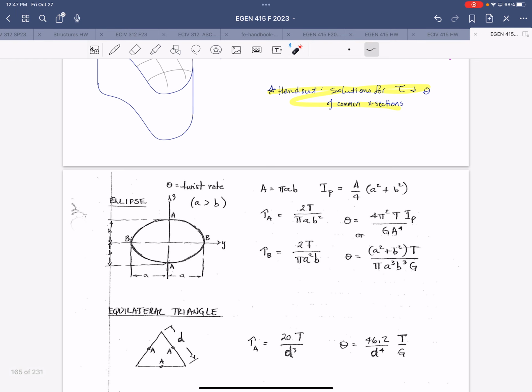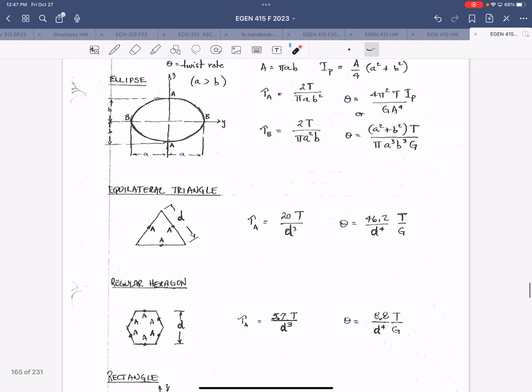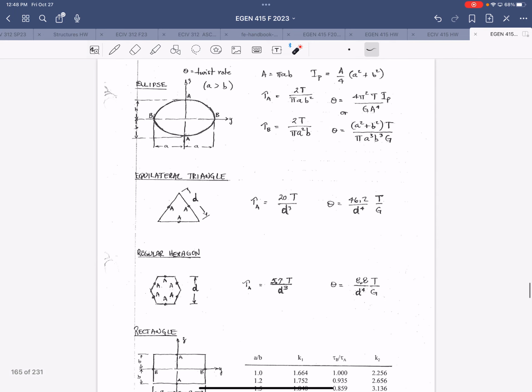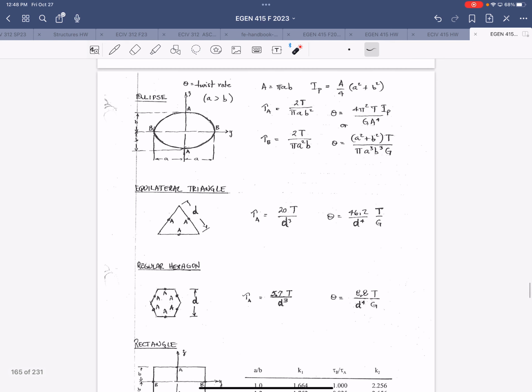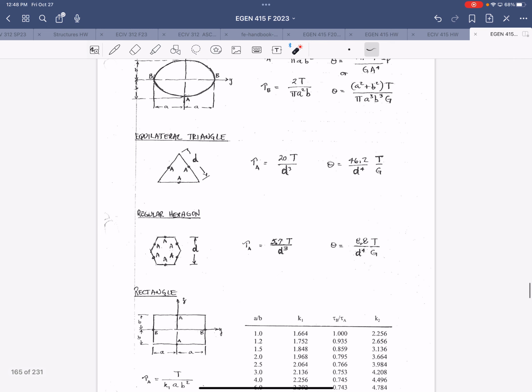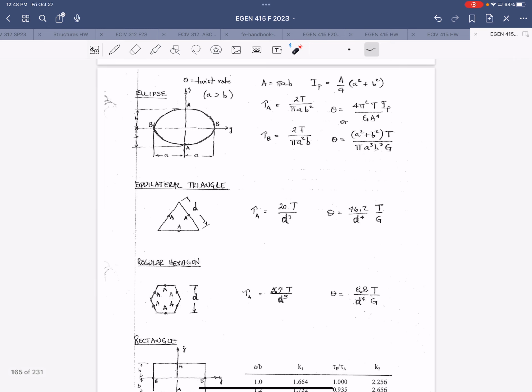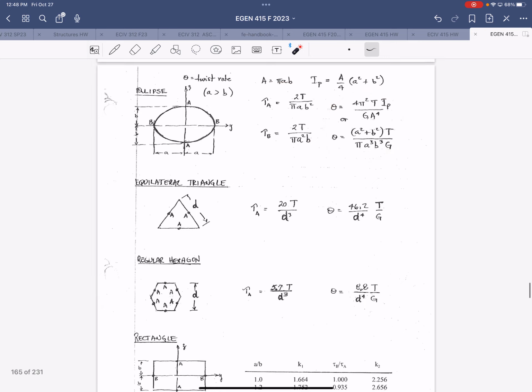So on the next page, we have a handout with different non-circular cross-section shapes and some related equations and relationships. So here you've got the shear stress at the points of interest on an ellipse defined, as well as the rate of twist, theta.